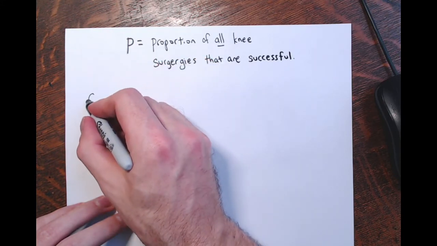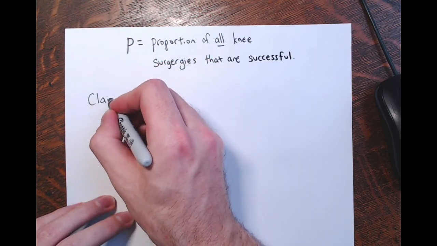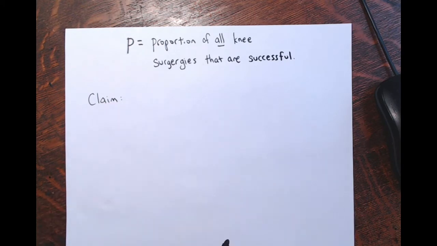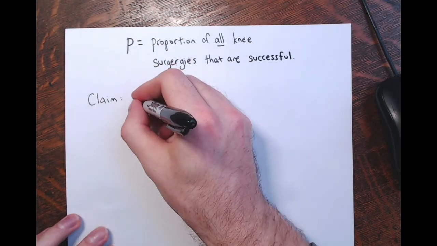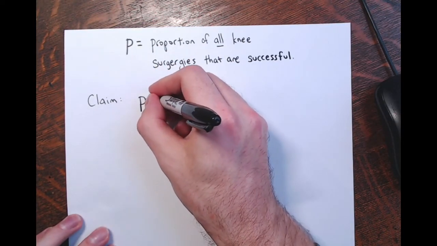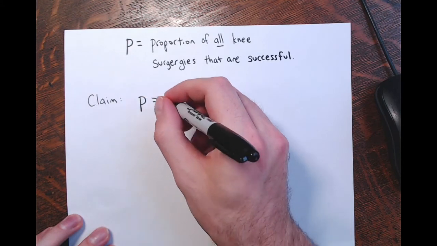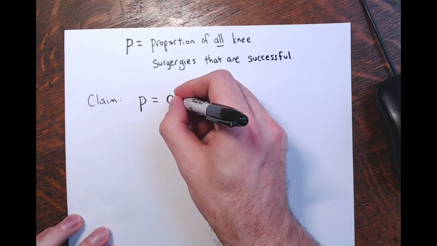As with any hypothesis test, you begin by identifying a claim to be tested, or a belief to be tested. And the claim, again, was that the proportion of knee surgeries that are successful is equal to 87%, which I'll write as 0.87.